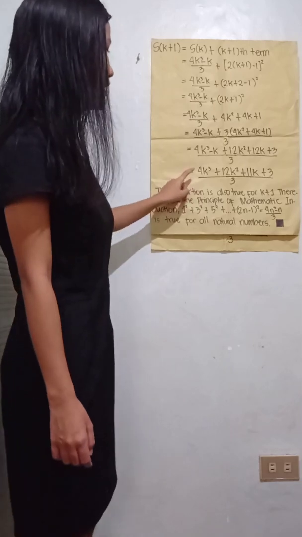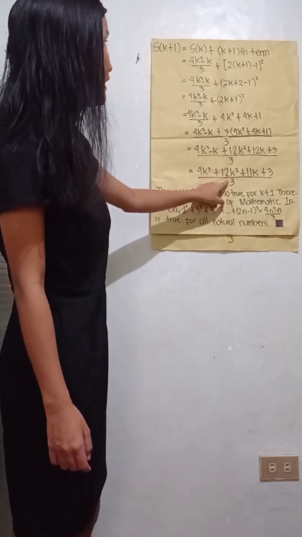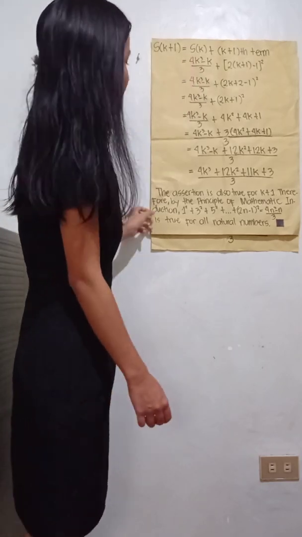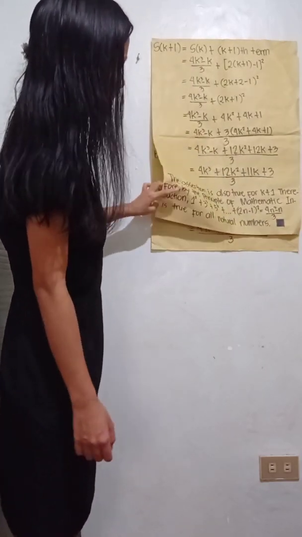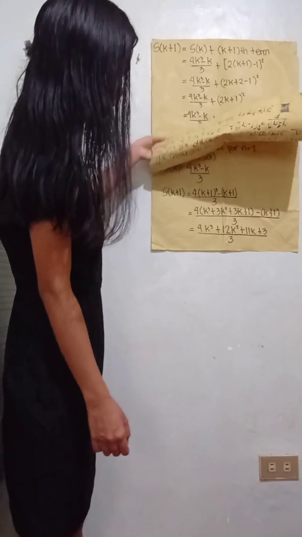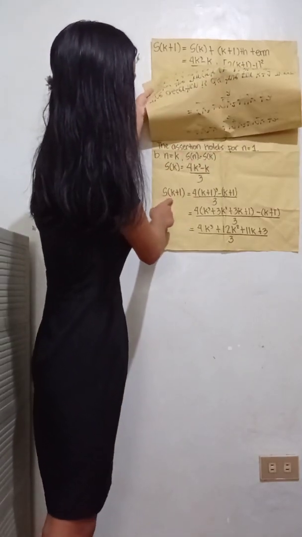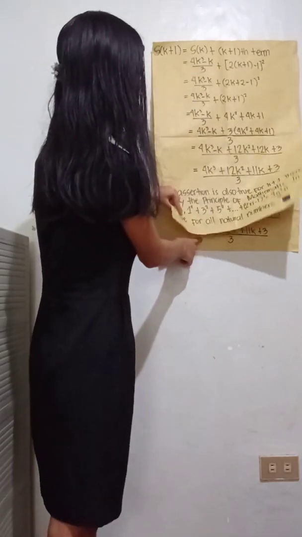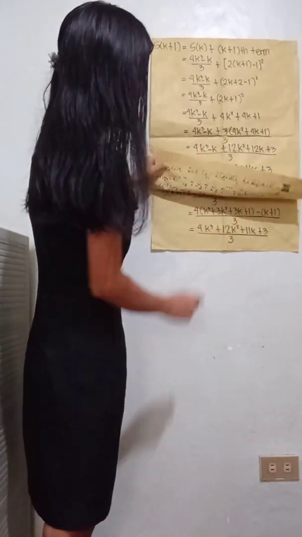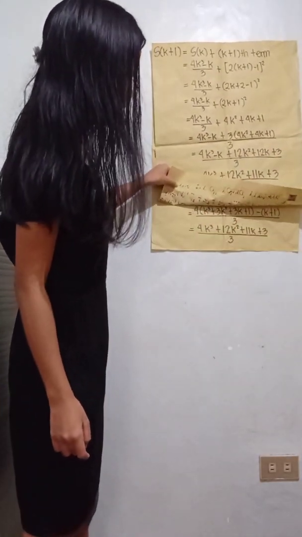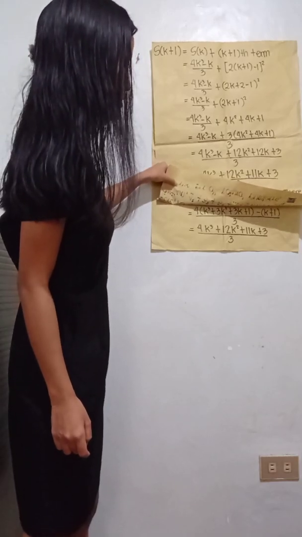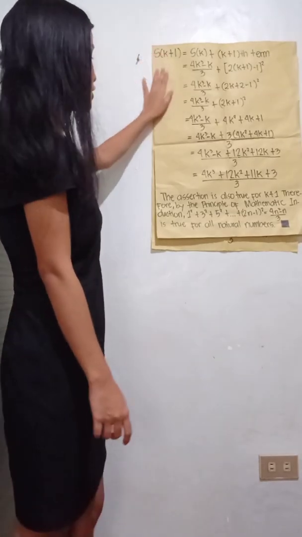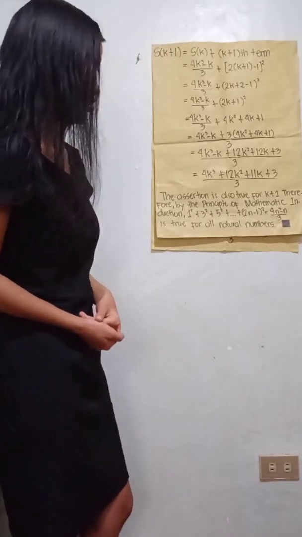As you can see, the formula that we came up with by using this method is equal to the formula that we came up with by directly substituting k plus 1 into the sum of n. You can see 4k cubed plus 12k squared plus 11k plus 3 all over 3. So the assertion is also true for k plus 1.